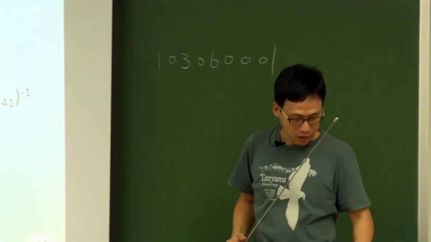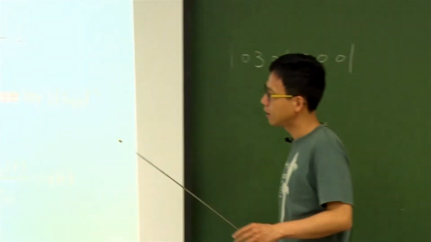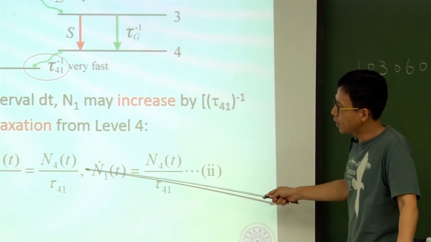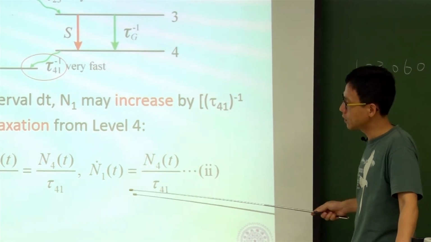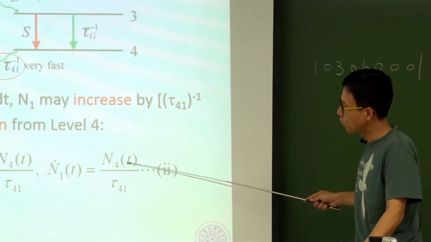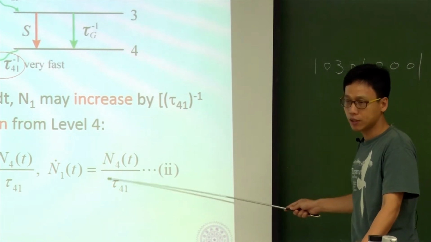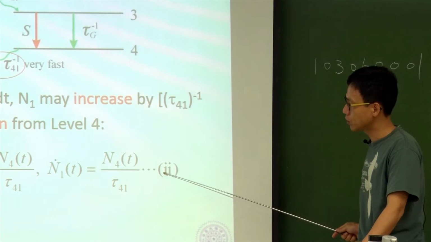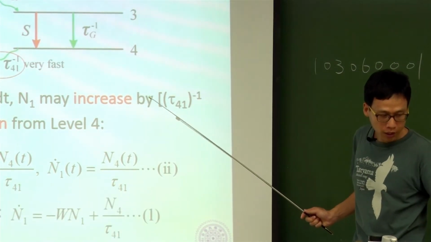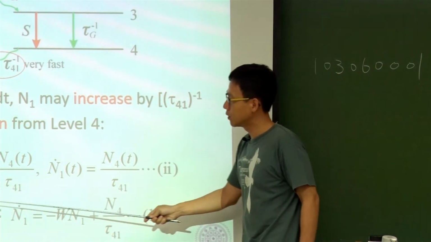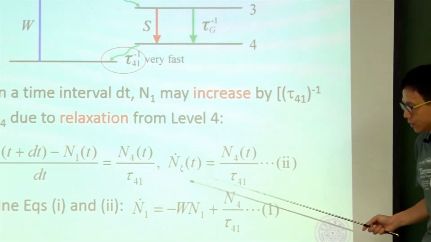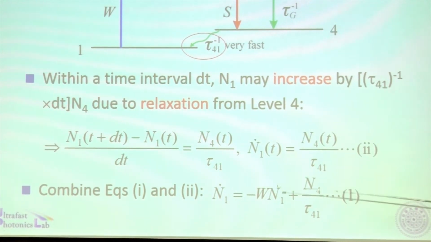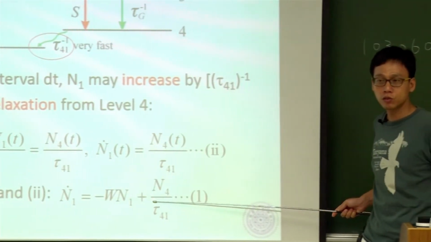Okay? Then you can easily arrive at a very similar differential equation. N1 dot, again, this is time derivative, equals N4 over relaxation time constant, tau 4. Okay, this is equation number 2, and you can combine equations number 1 and number 2 together. The time derivative of N1 is actually the summation of two terms.